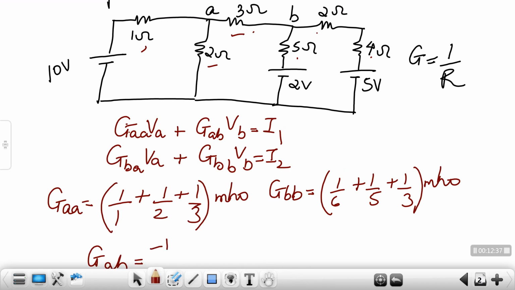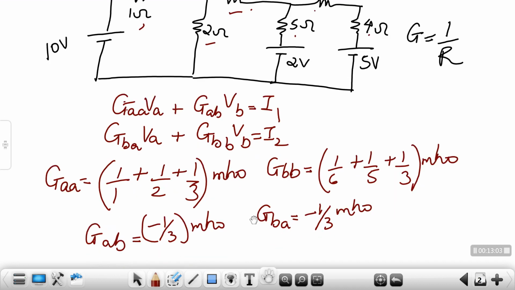So it will be minus 1 by 3 mho. And similarly, we have to find GBA, that is again the mutual conductance between nodes B and A, so it will be minus 1 by 3 mho.